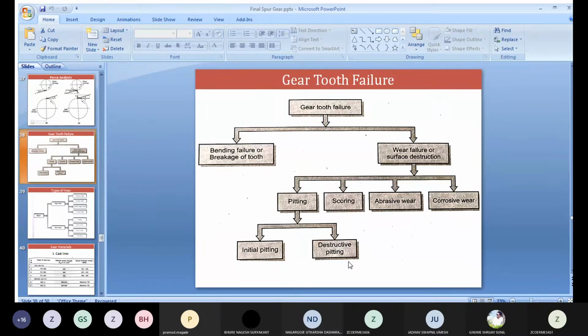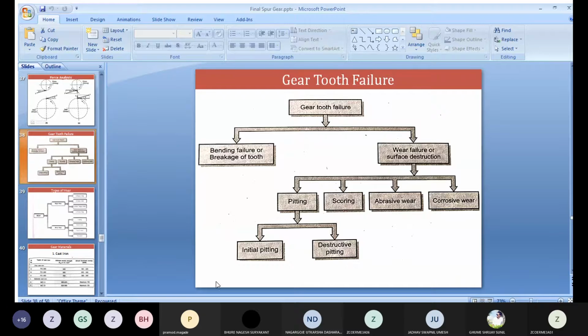So to avoid that breakage, what kind of stages are there? Such stages I'll explain one by one. First one is called pitting failure. Now pitting means what? Pitting is nothing but surface failure that occurs due to porosity or due to maximum bending. The formation of a crack over the surface is called pitting failure.